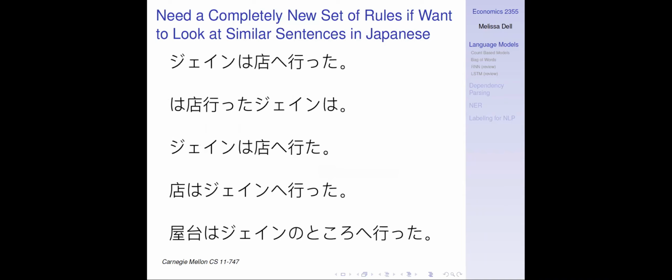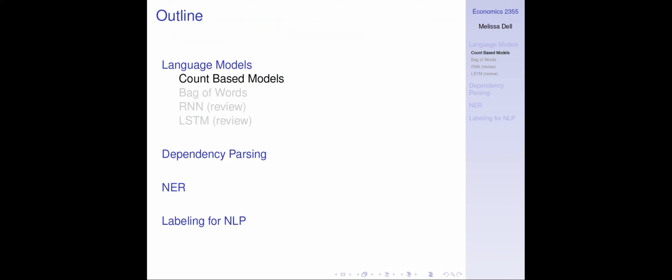Here's a similar set of sentences, but in Japanese, and now you need a totally different set of rules about the grammar to encode this, so you're going to have to start all over again. This is just not going to get you very far. But people tried to do stuff like this when the field was starting out.